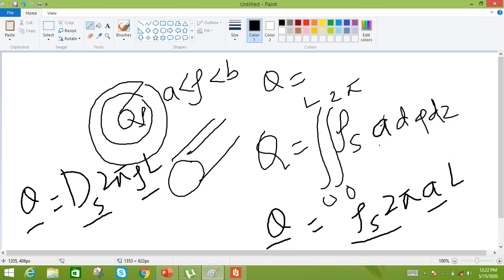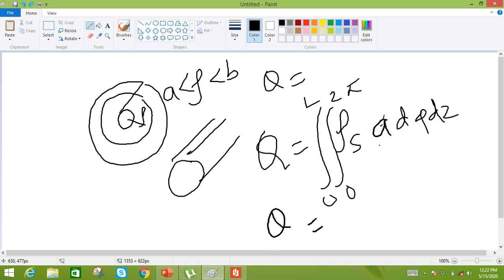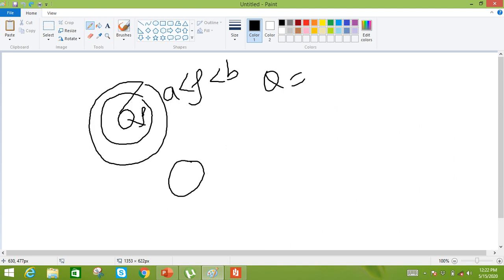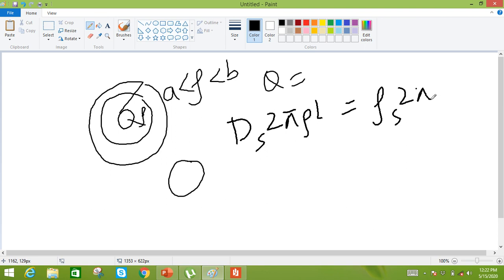So if we equate these two equations, we can write that D_s 2πρL will be equal to ρ_S 2πAL.